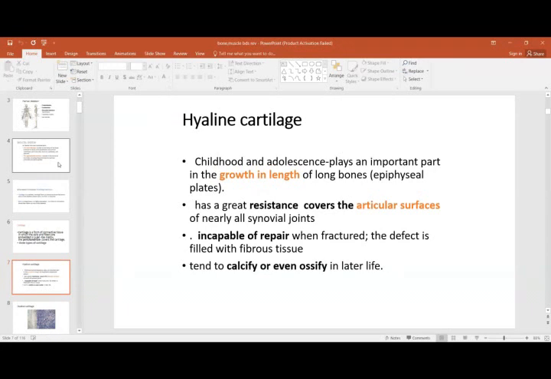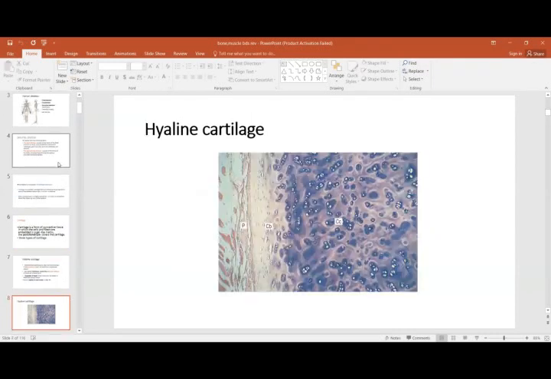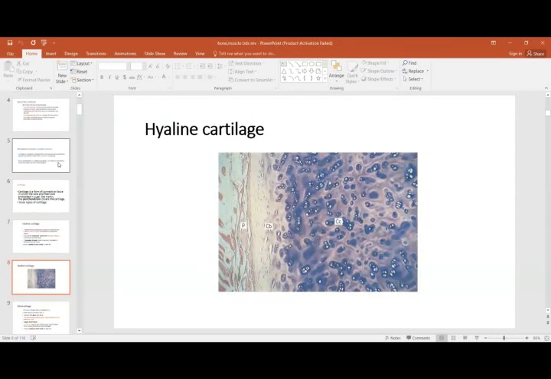It also covers certain sites, such as the costal cartilage in front of the ribs, and the surfaces of joints, the articular surfaces. It cannot be repaired, and it can be ossified. These are the features of hyaline cartilage. I will not go into the histological structure, because you will be studying that in histology. I'm just giving you a broad outline.